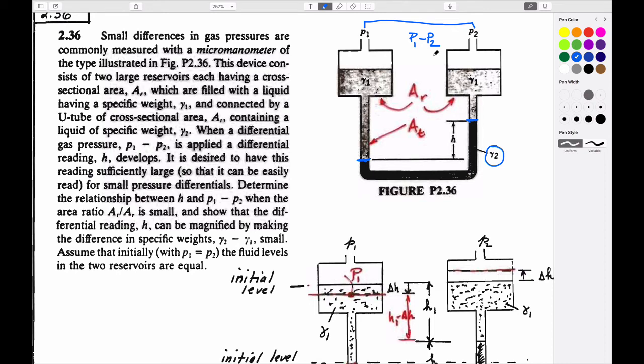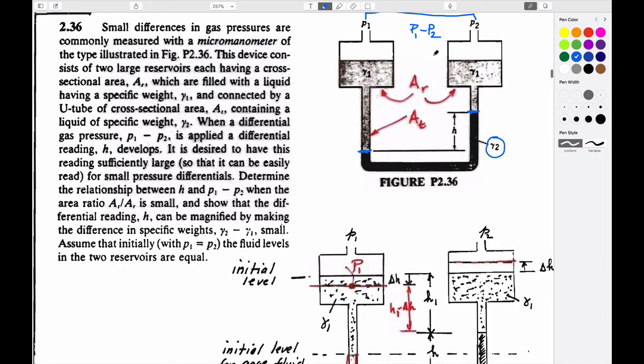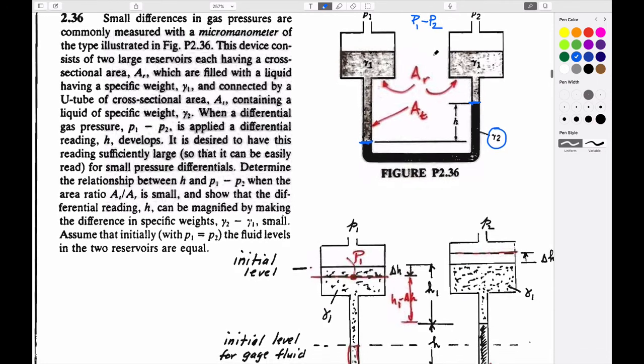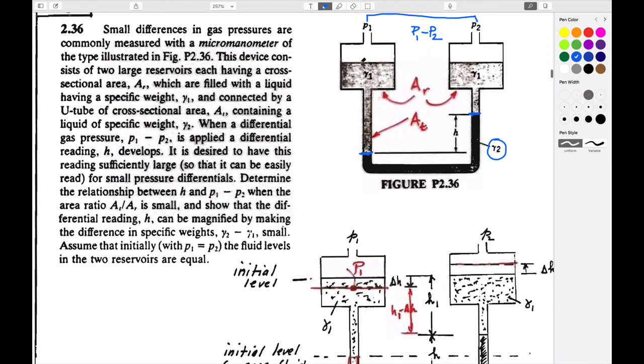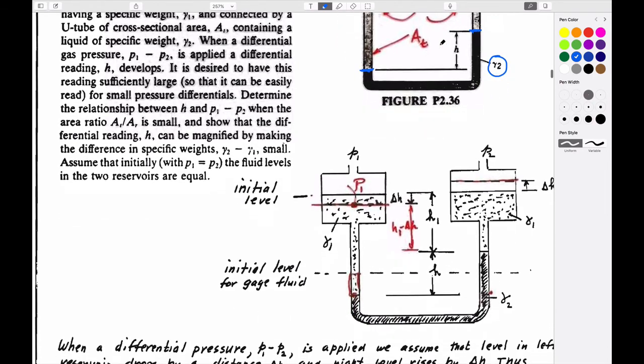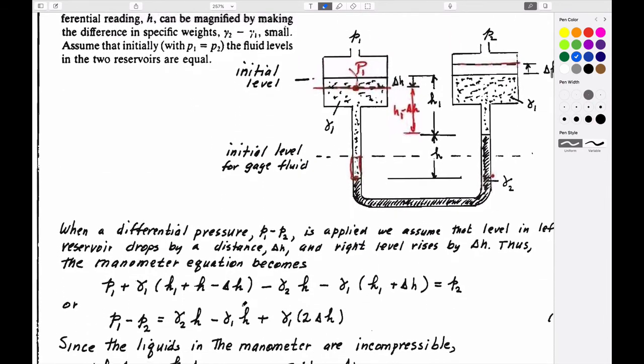And really the basic idea is that in looking at a pressure differential, what would happen if pressure 1 is not the same as pressure 2, then this thing would start out at the location where the gauge fluid is uniformly across this at this elevation, and the fluid levels within the system are where the blue lines are. So that's how it starts out.